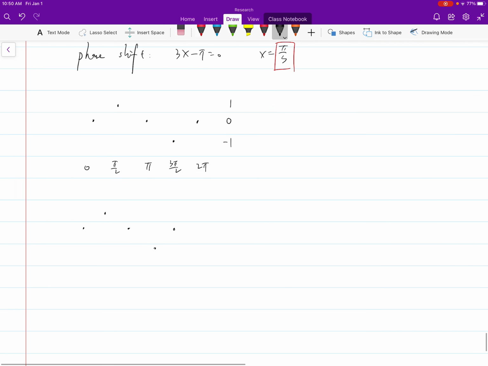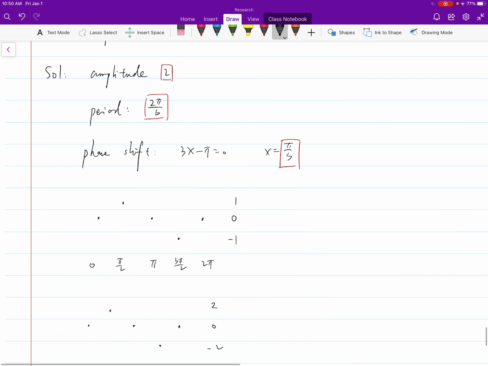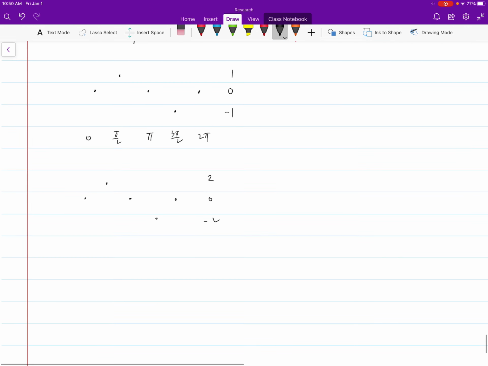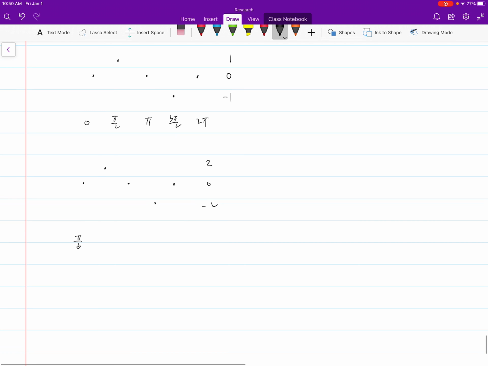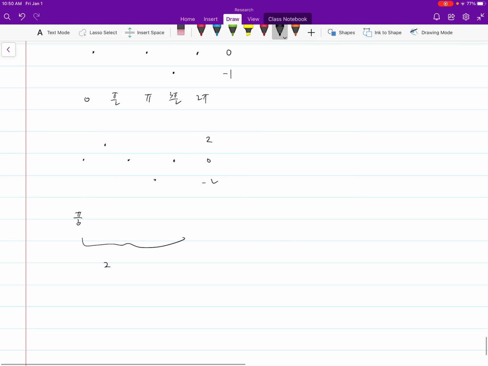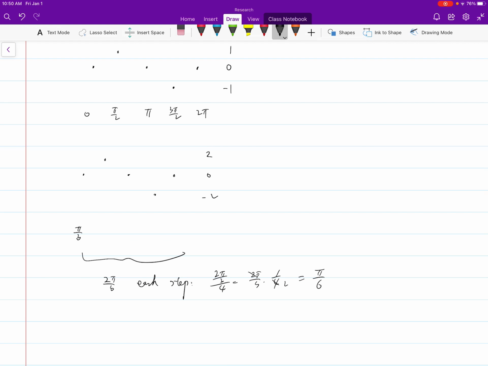Now the new one. Number 1, amplitude, 2. Number 2, phase shift. Therefore, the first one has to be pi over 3. Number 3, you want to complete your period in 4 steps. So each step is going to be this one divided by 4, which is 2 pi over 3 times 1/4, which is pi over 6.